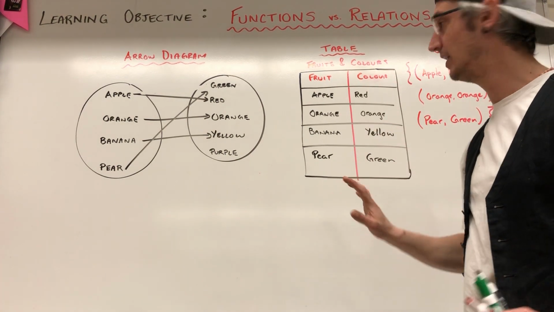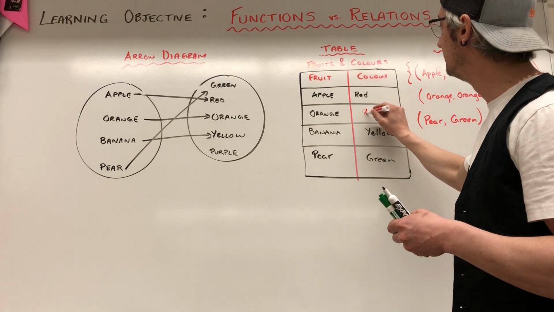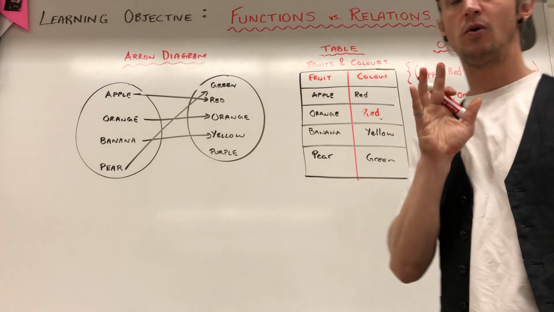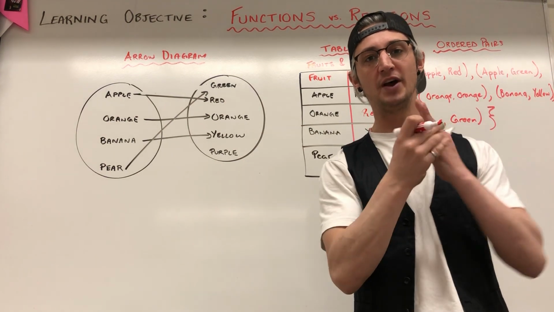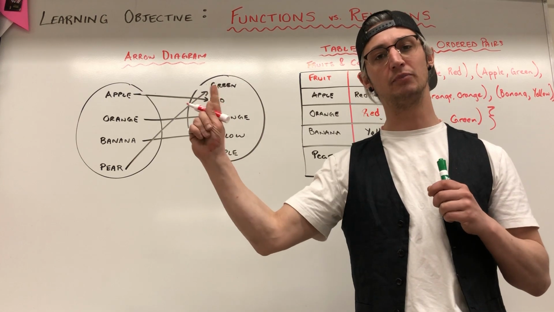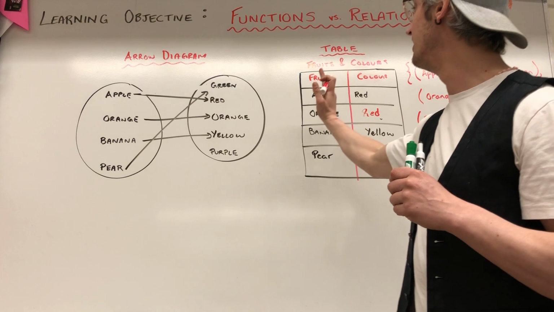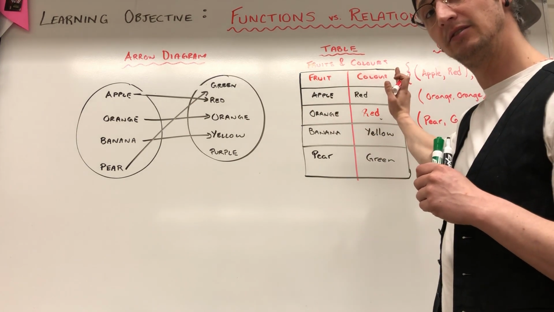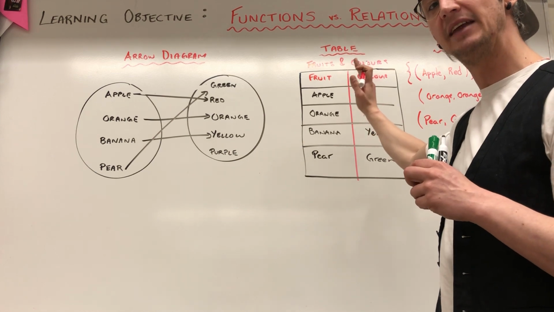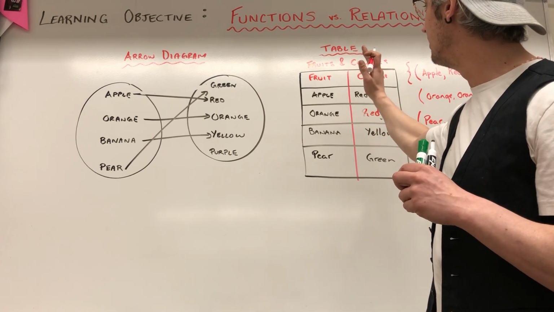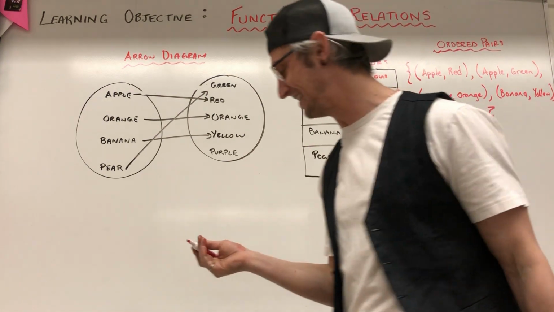That's okay. So I can have orange is red here, and this would still be a function. I am just concerned with the situation where I have more than 1 output for 1 input. I can get the same output from different inputs, but I can't have the same input having more than 1 output. I don't know how many different ways I can say that, but that's it.